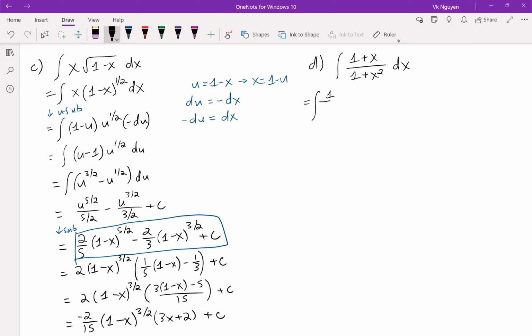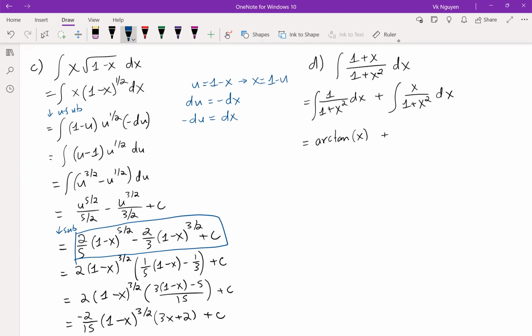First one is 1 over 1 plus x squared dx. The second one is x over 1 plus x squared dx. For the first one, this is exactly arctangent of x. For the second one, we're going to use the u sub.